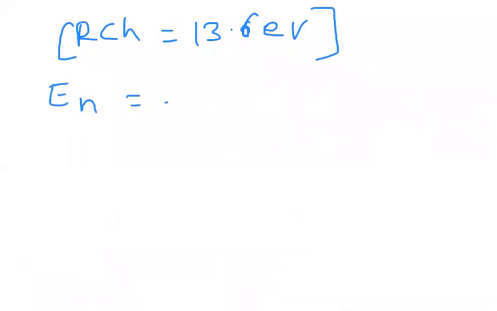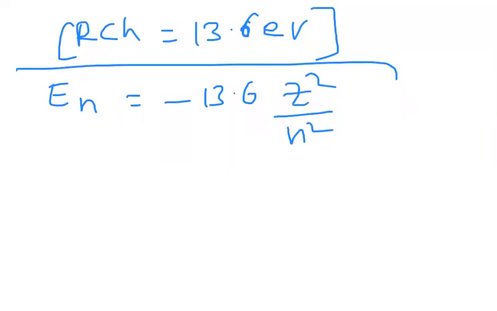By substituting the Rydberg constant value, C value and H value, I can directly write the answer as minus 13.6 electron volts. So the energy of the electron is minus 13.6 Z square by N square. This is the energy of the electron in the nth orbit.